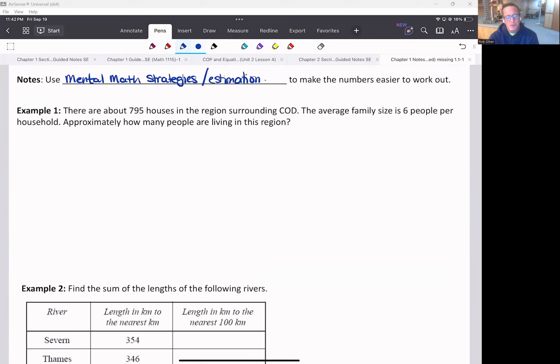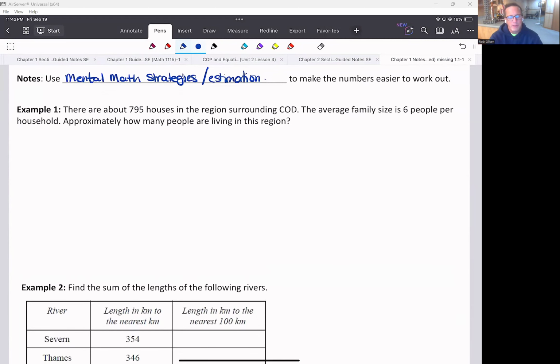I don't know if I drew out the best estimation problem here, but one way we can deal with this is, because 795 is really close to 800, right?